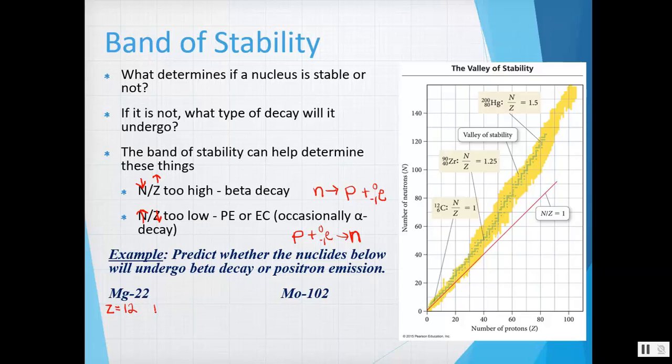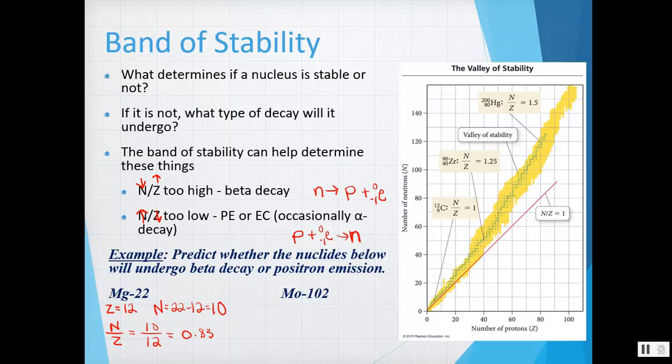That means that the number of neutrons is going to be equal to 22 minus 12, which is equal to 10. Our N to Z ratio then is going to be equal to 10 divided by 12, which is 0.83.